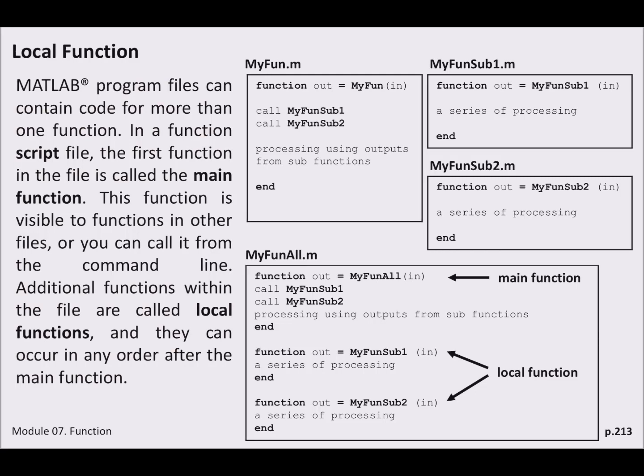Okay, I'm going to talk about the concept of the local function. In the previous examples, I included only one function in the M file, but we can include multiple functions in the same file. The name of the first function is the same as the file name.